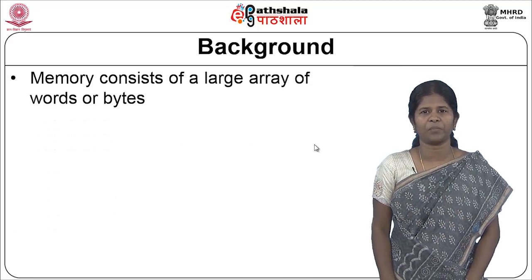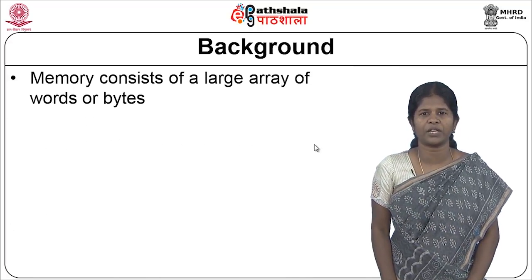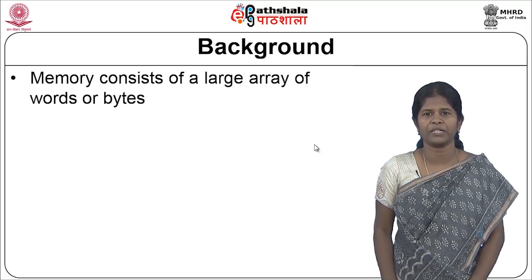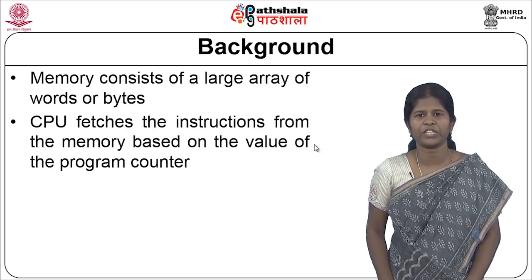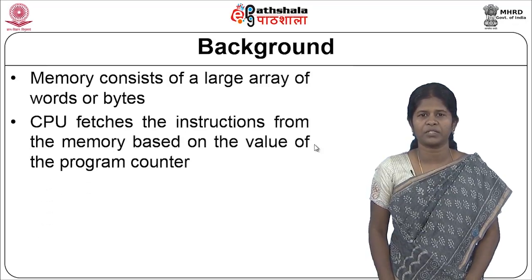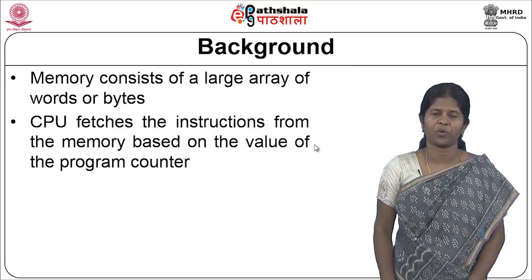So, what is this memory? This memory is a large array of words and bytes, and the CPU will fetch the instructions to execute from the main memory based on the value of the program counter.